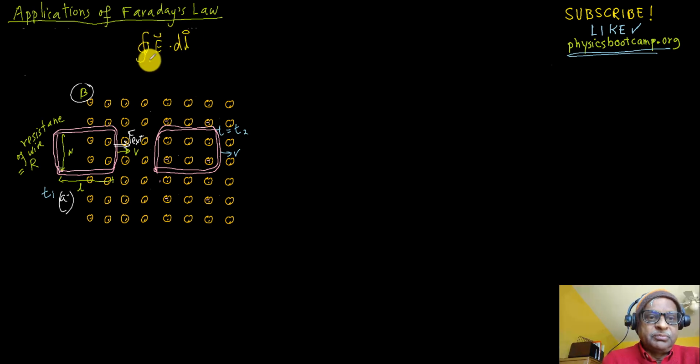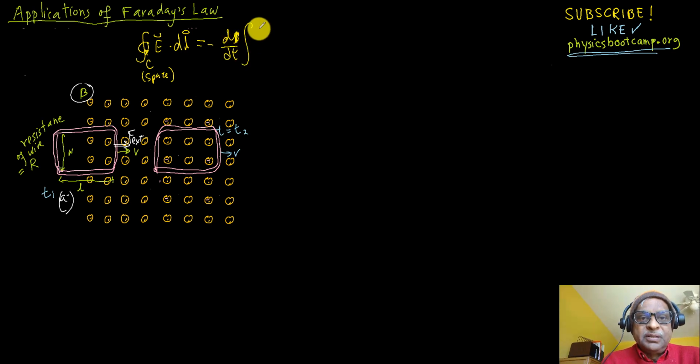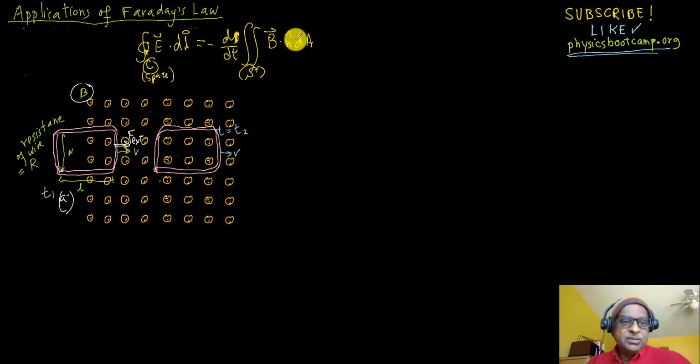This is some circuit in space, and you go around the loop in an oriented way, and that should equal minus d/dt of the integral B dot dA over the surface whose boundary is this C. This is a surface integral. So I need to figure out how to implement this.